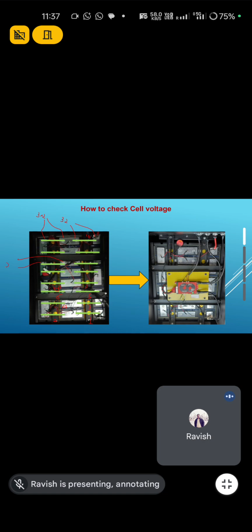If any one cell is showing 2.5 volt, it means your cell is dropping voltage, and you can't solve this problem in the field. You have to send this battery to the factory, and here we will rectify the issue and send it back to you, or in this condition your battery will be replaced.